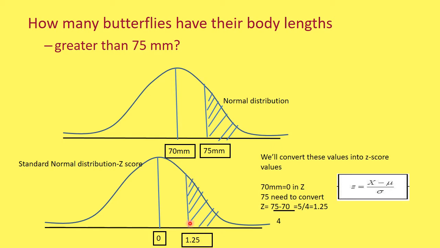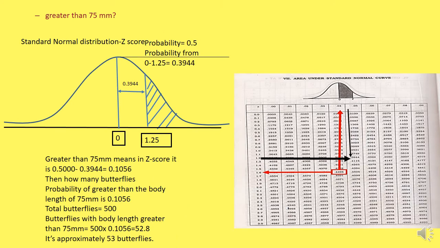Then what you need to do is get the portion in the standard normal distribution higher than the 1.25 Z-score. Then we'll see how we can find that value. From the earlier videos you have learned there are two halves here.